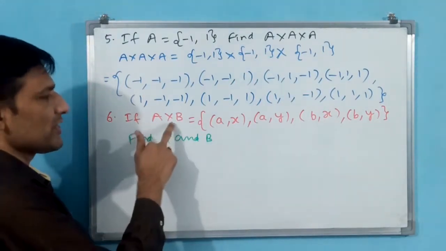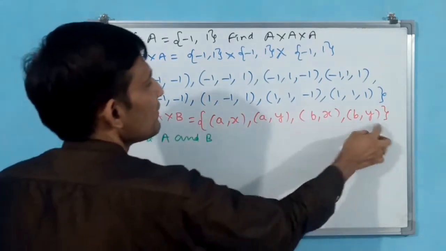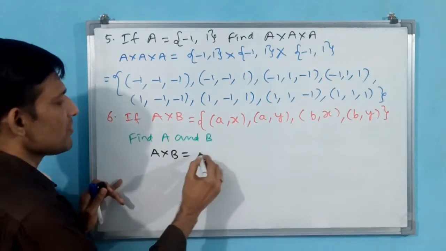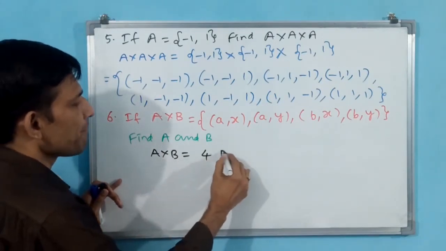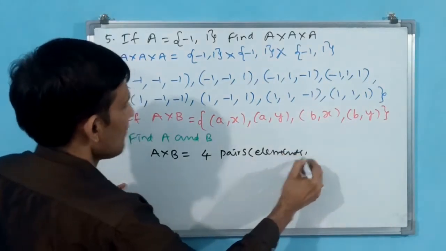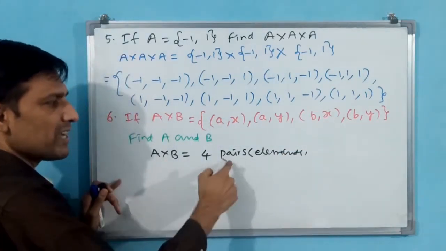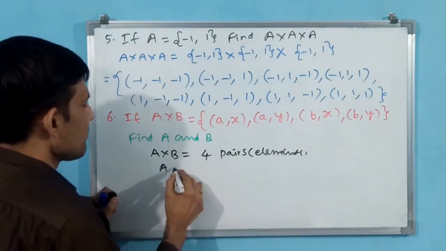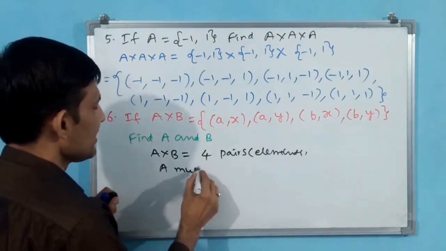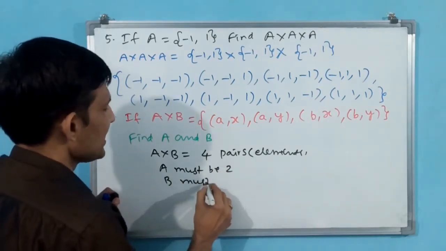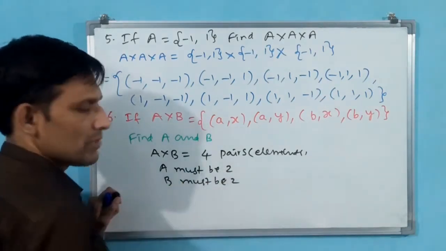We know that for A cross B, 1, 2, 3, 4 are coming. A cross B is equal to 4 pairs, as I can say, elements. Why? Because for A cross B, pairs are the elements. That means A must have 2 elements, B must have 2 elements.